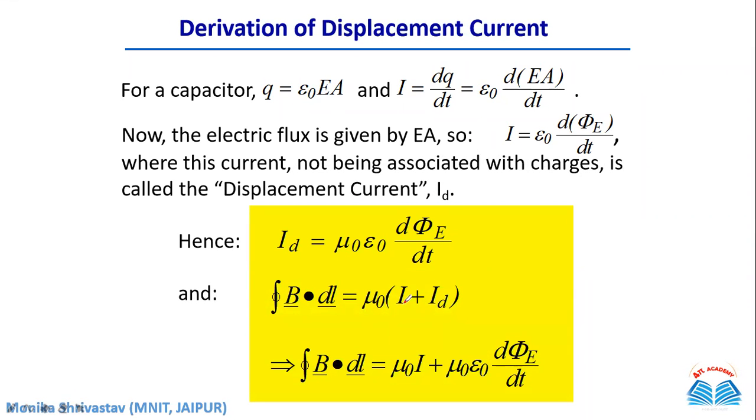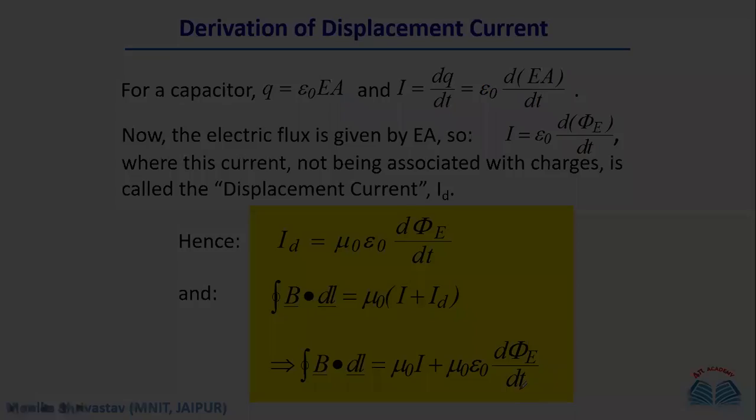And now closed integral B dot dl will be what? Mu naught I as earlier, and I am adding some displacement current also. So what are we getting? We are getting this type of equation. Closed integral B dot dl equals mu naught I plus mu naught epsilon naught d phi over dt. A simple and sweet derivation or definition of displacement current.